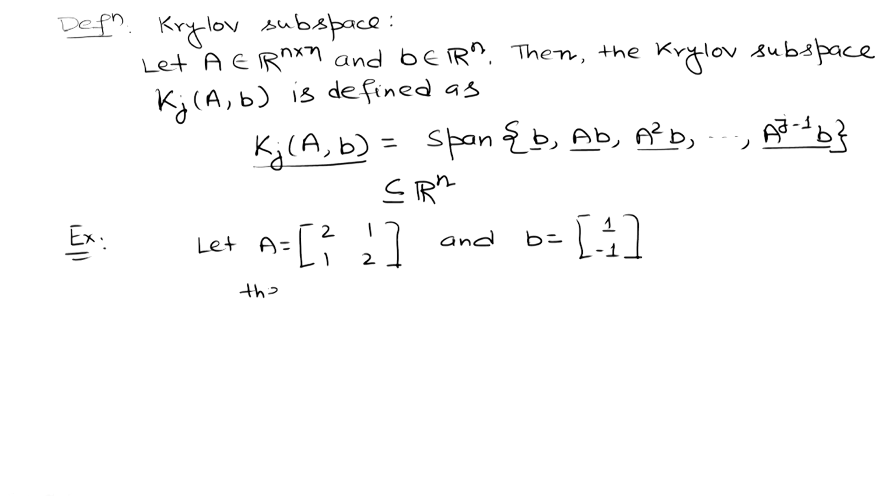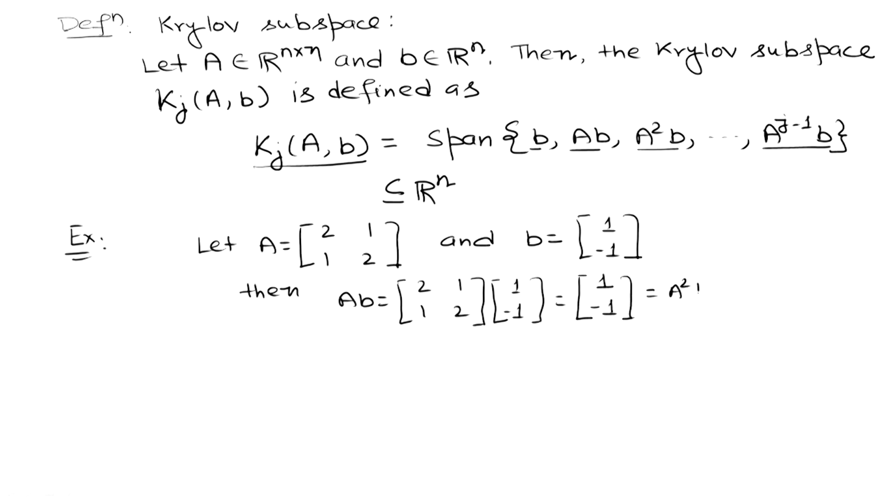Then if I calculate AB, it will be [2 1; 1 2] multiplied with the column vector [1, -1], and it comes out to be [1, -1], which equals A squared B, A cubed B and so on.